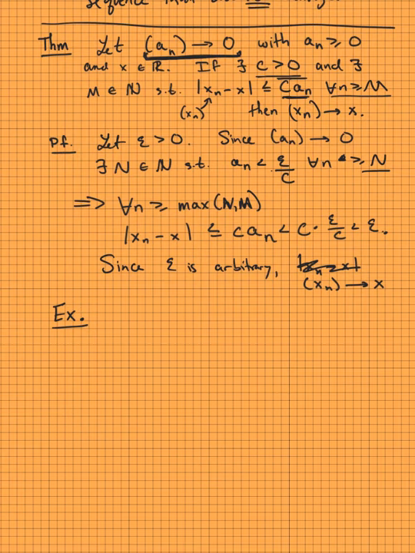Okay? So the example is if 0 is less than b is less than 1, so b is some number in the open interval (0, 1), then b to the n approaches 0. Okay?